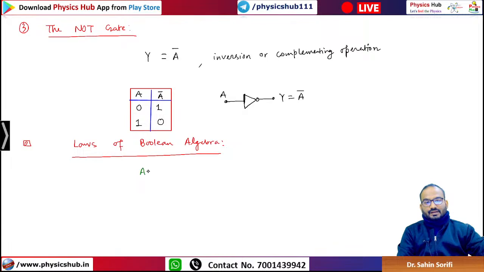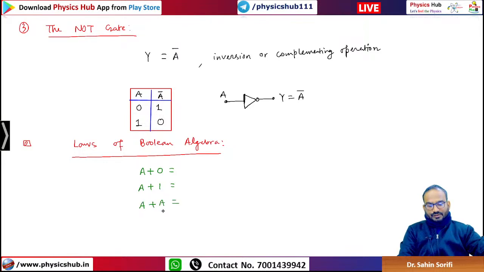So A or 0, what will be its value? A plus 0, A plus 1, A plus A. Tell me what A plus 0 is? A. A or 1 is how much?